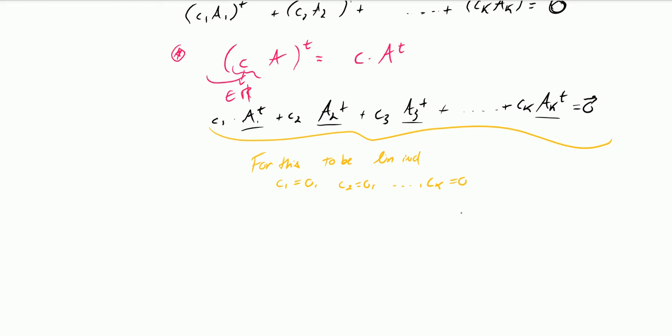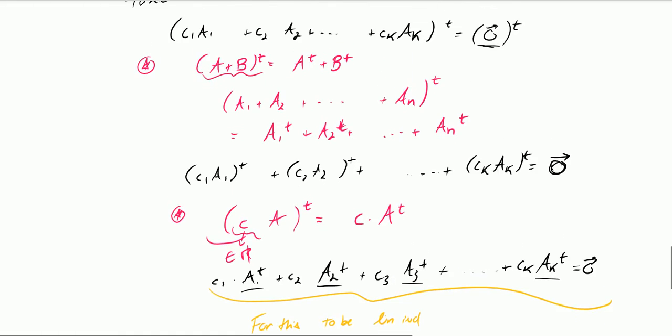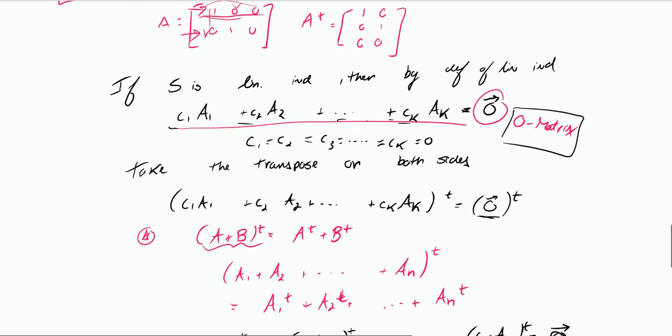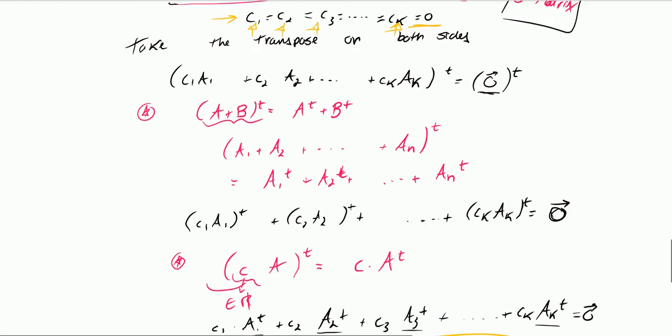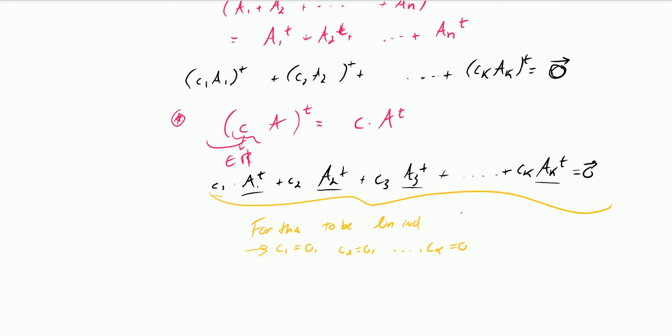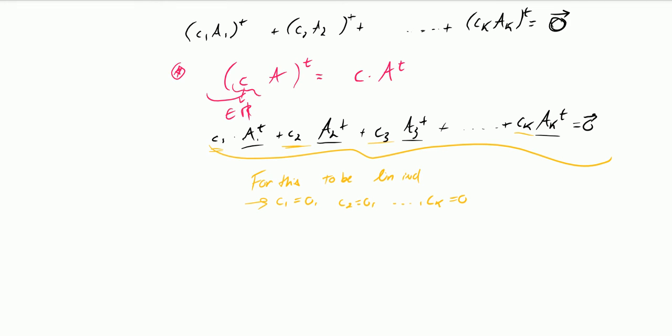But we have this because in our assumption, it's given that S is linearly independent. So that means that C1 equals C2 equals ... equals CK equals 0. That means that each of these scalars is 0, and because we haven't touched them, they're the same scalars, and they're all still 0.